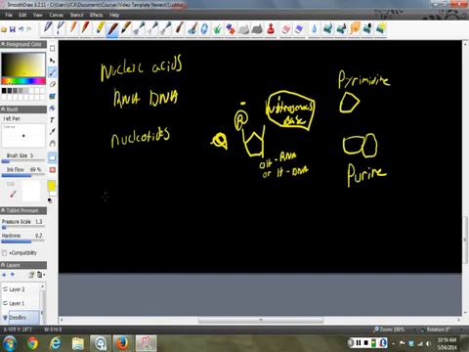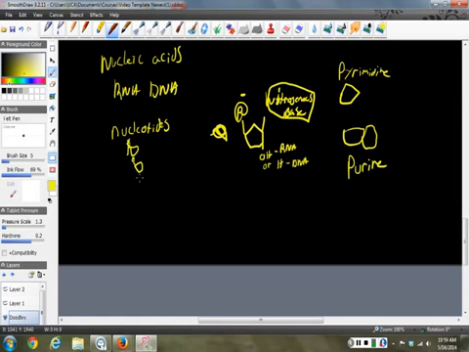But what happens in DNA, let's just focus on DNA for now. Your sugar and phosphate groups make a backbone. So you'll have your sugar and your phosphate group, and it will stick to another sugar and a phosphate group, and so on down. This is the backbone, and there'll be another one over here. So these are the backbones of the DNA.